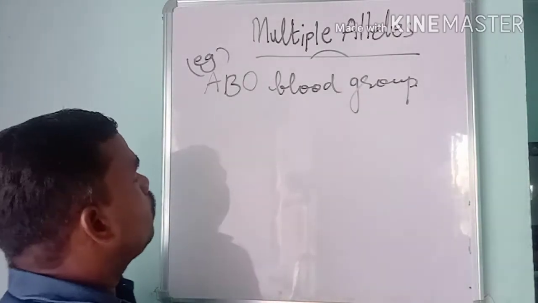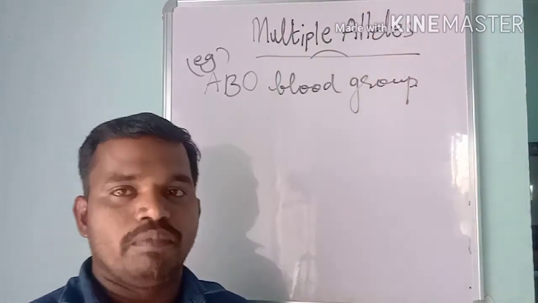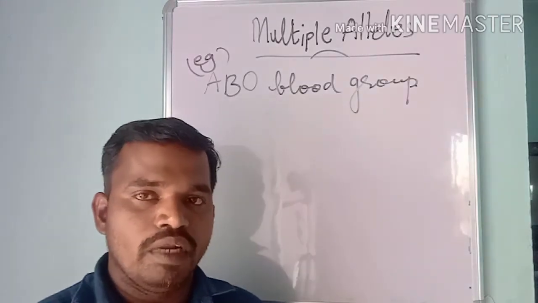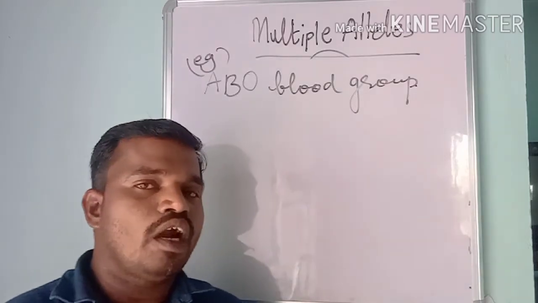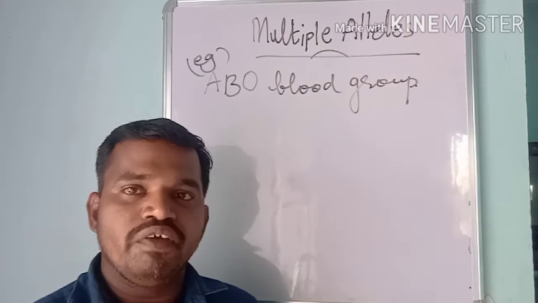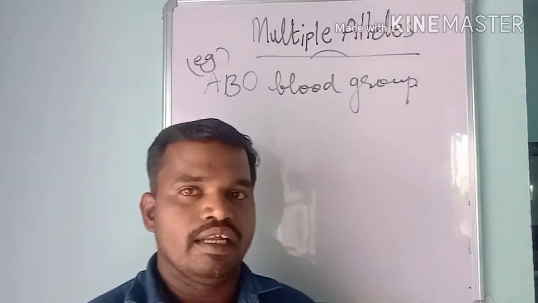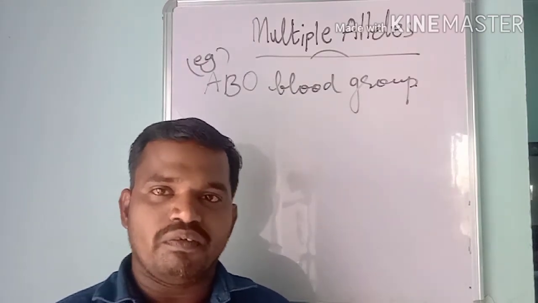Each person has their own type of blood group. Some will have blood group A, some persons will have blood group B, some persons will have blood group O, based on chemical differences found on the surface of the erythrocytes. The erythrocyte, that is the RBC, contains a particular type of antigen on its surface.